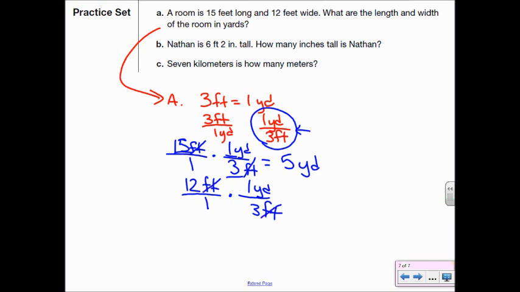Feet are diagonal from each other, so they cancel out. So I have 12 times 1 divided by 3. 12 times 1 is 12, divided by 3 is 4. So the length is 5 yards, and the width is 4 yards.